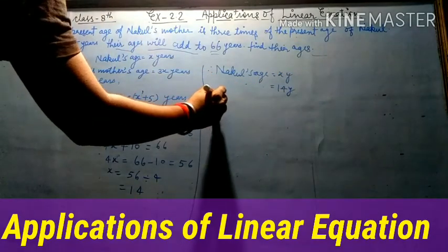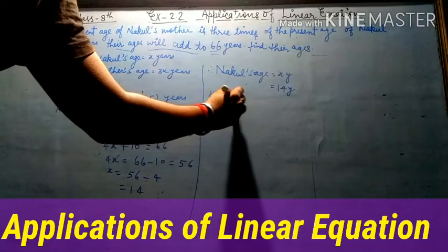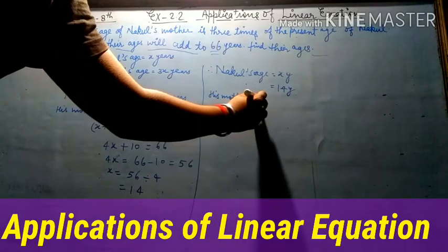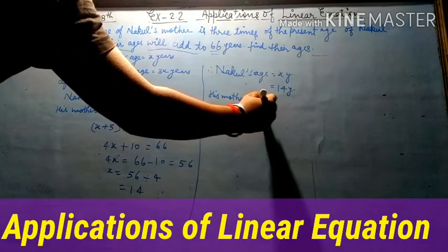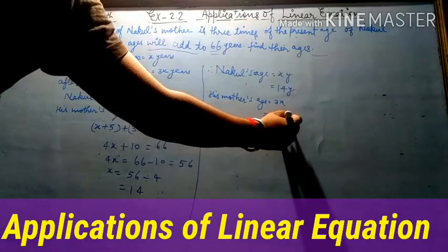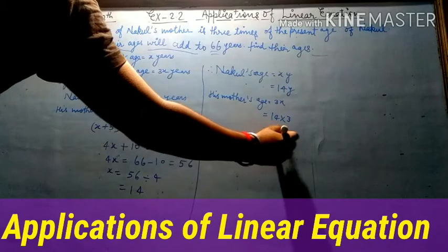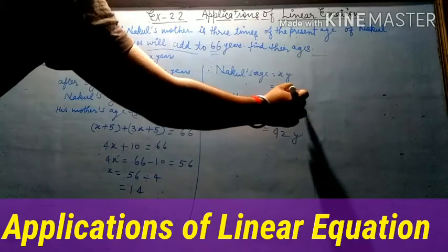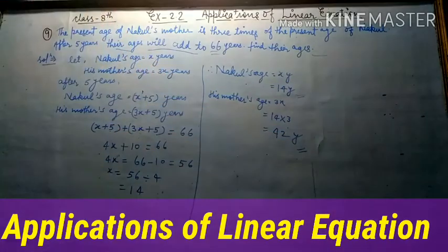His mother's age equals to 3x, means 14 multiplied by 3. It will give 42 years. So this and this are your answers. I hope you understand.